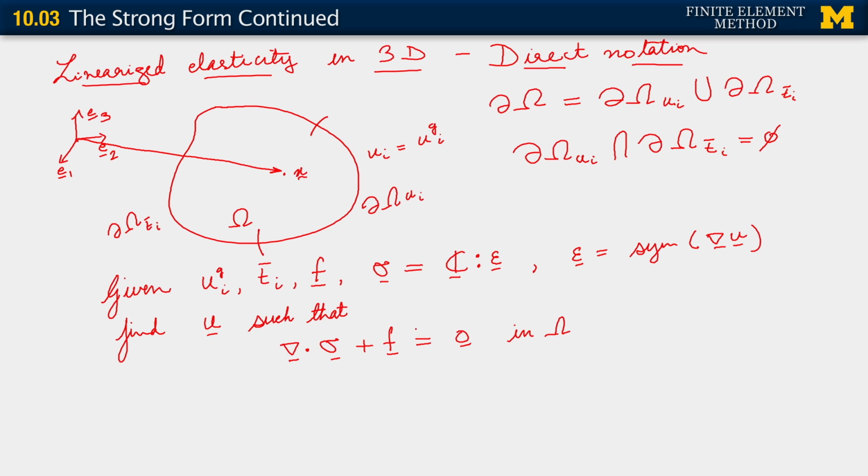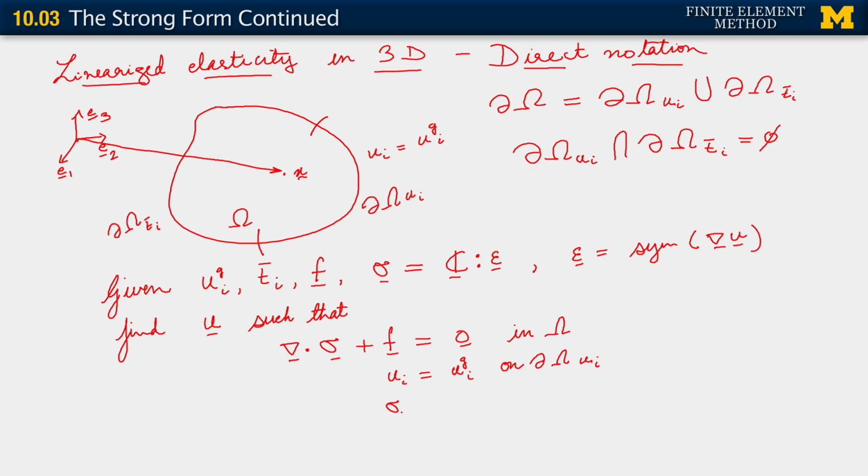And then we also have u sub I equals u g sub I on that Dirichlet boundary. Note that we cannot write out the Dirichlet boundary condition in direct notation simply because the boundary subsets are different and each component is specified possibly on a different boundary subset. And the same thing happens for the traction condition.